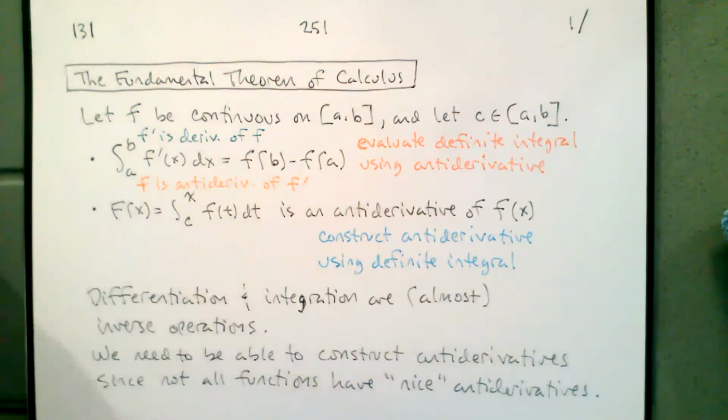That's the relationship between derivative and antiderivative. So what this first part of the fundamental theorem of calculus says is that we can evaluate a definite integral using an antiderivative.